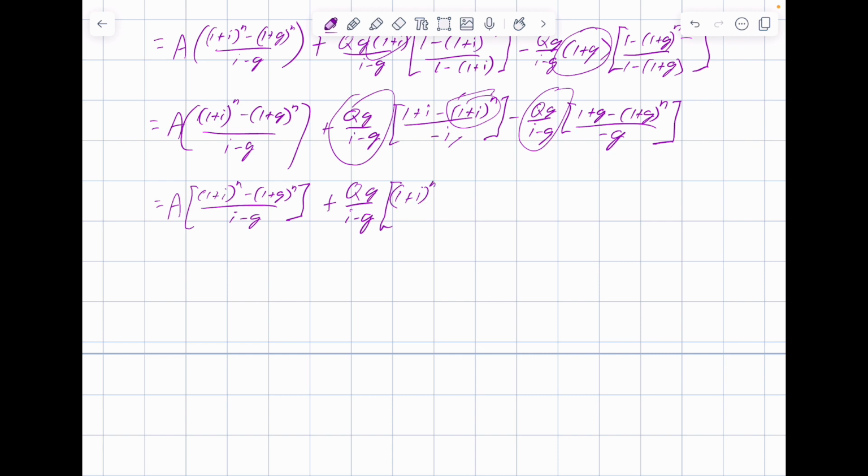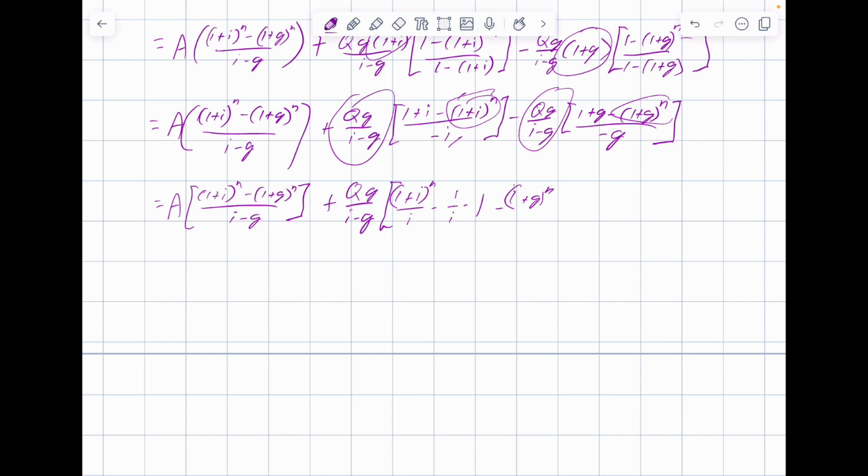That'll become positive 1 plus I to the n over I minus 1 over I minus 1, minus, and then this second term here, we'll start with that, multiplying that by negative 1.